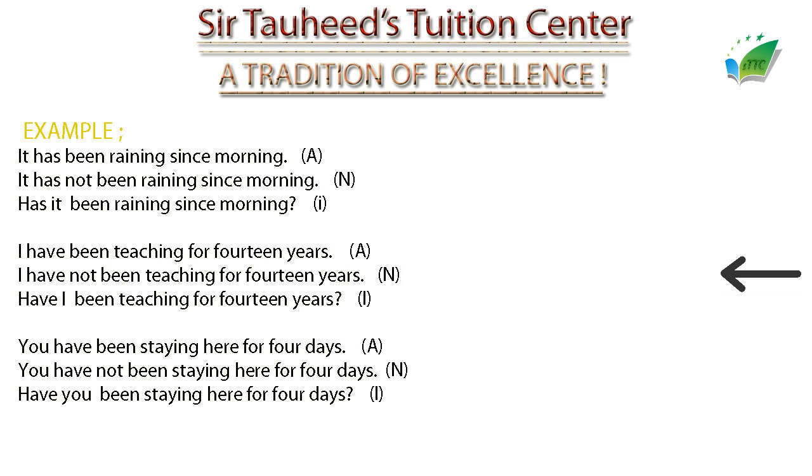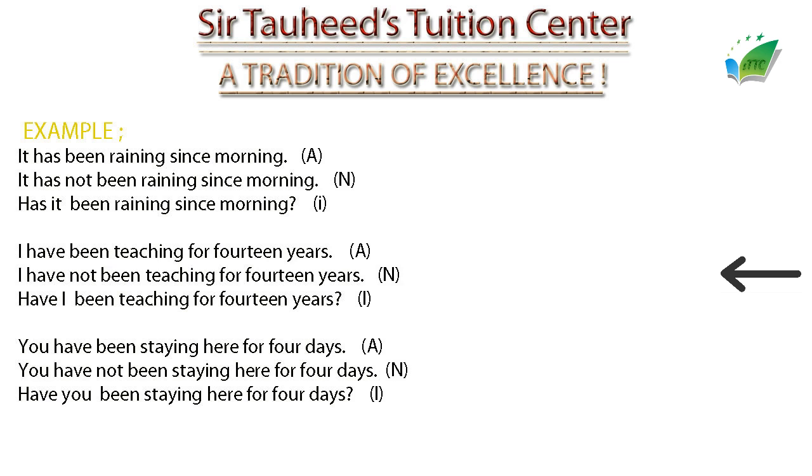Then the fourth form of the verb, teaching, and then timing, for 14 years. And this is an affirmative sentence. To make it a negative sentence, we'll put not after have, and other things will remain the same. I have not been teaching for 14 years.